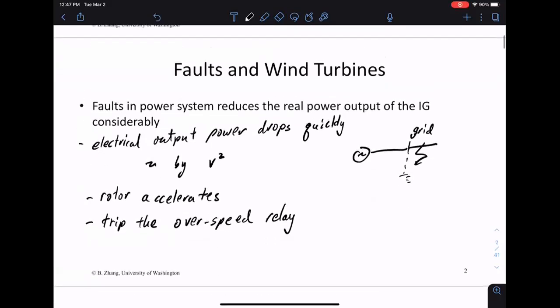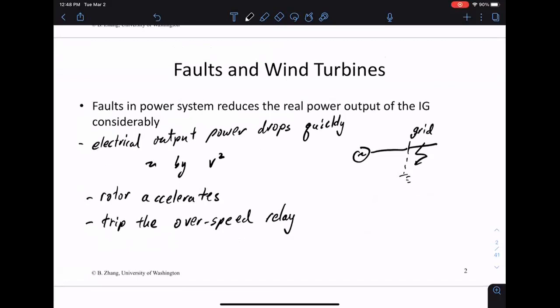So let's say we trip the relay, and then the system goes offline. When we trip a relay, it means the turbine disconnects from the system. Then what happens if you connect the turbine online again?